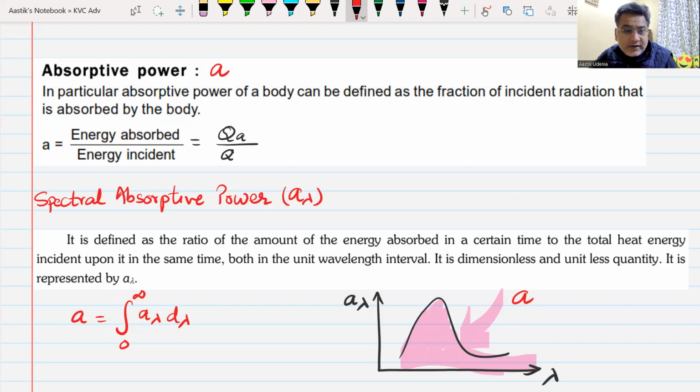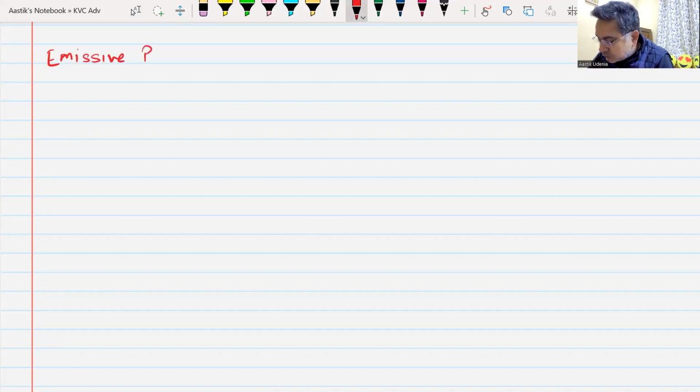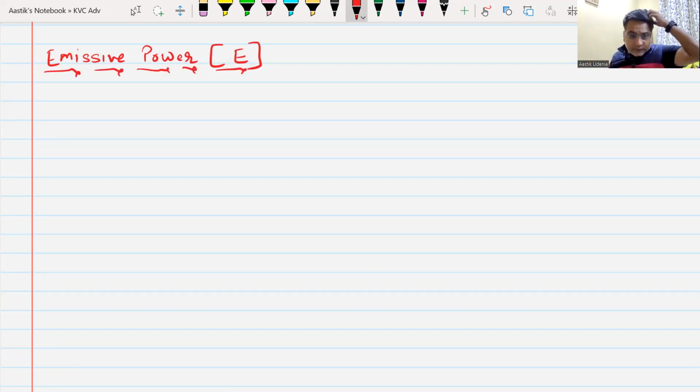Let us now move ahead and write the next heading. The next heading is emissive power, or you may call it total emissive power, written by the letter capital E. What is this total emissive power?